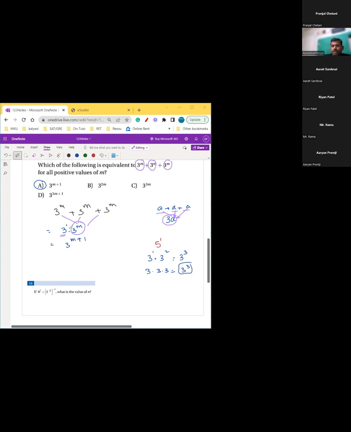Now I know 3 is like 3 to the power 1. And also this is times, because 3a means 3 times a. Now 3 times a, so that's 3 times 3 to the m, which is same bases. I add the exponents here. So I just add 1 plus m. It's the same as the n plus 1.